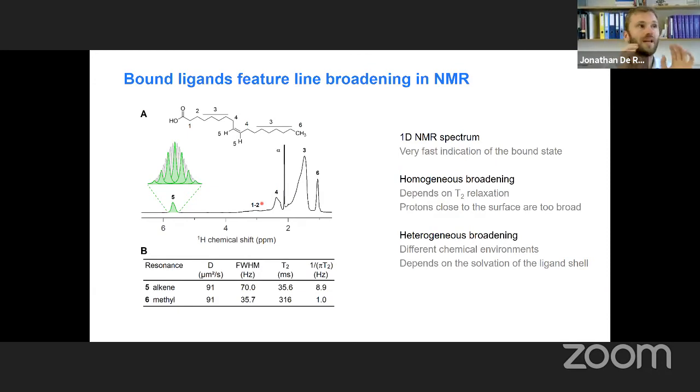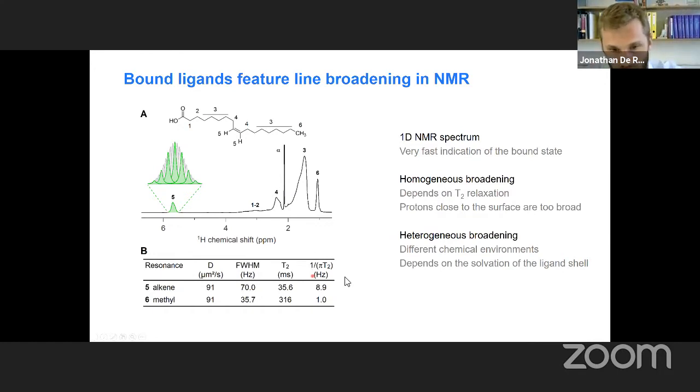Now, the conformational flexibility can depend on the position of a chemical moiety. So if you're very far from the surface, like this methyl group here, it has a lot of rotational mobility. The ones here very close to the surface do not have that. And so that's one part of the broadening.